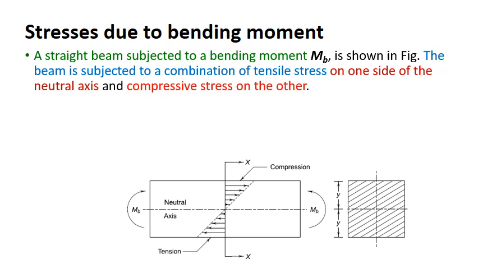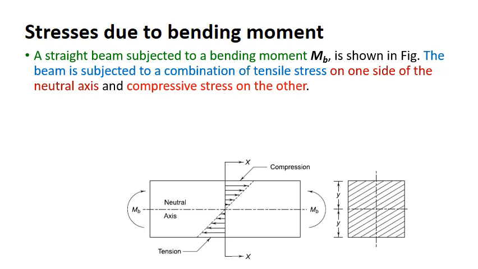If you look at the distribution of the stresses, when you try to bend in the manner shown in the figure, the top layers of the beam will be subjected to compression, whereas the bottom layers of the beam are subjected to elongation, that is tension. And there is a transition from tension to compression.